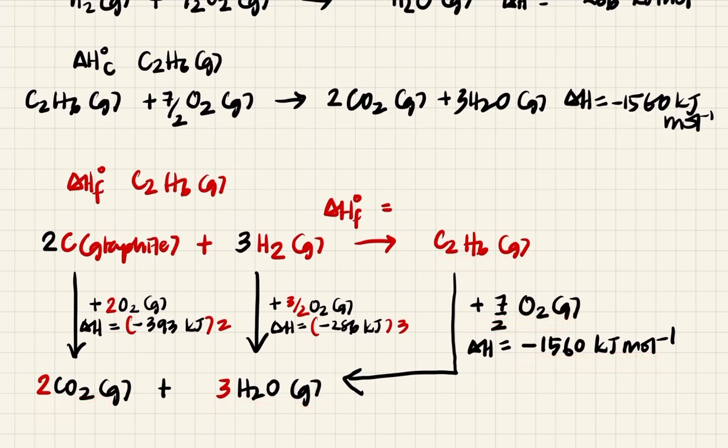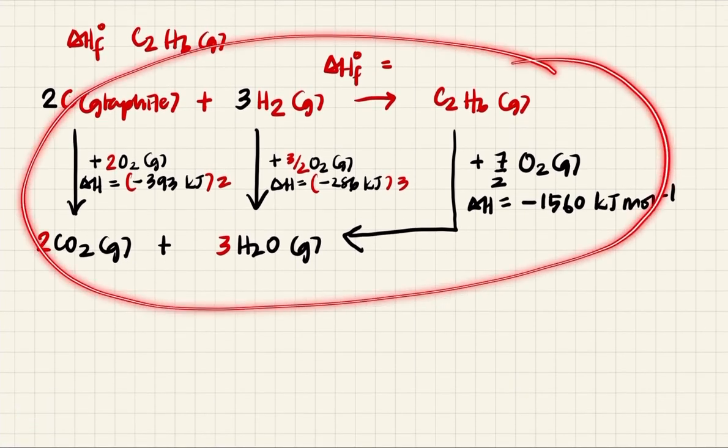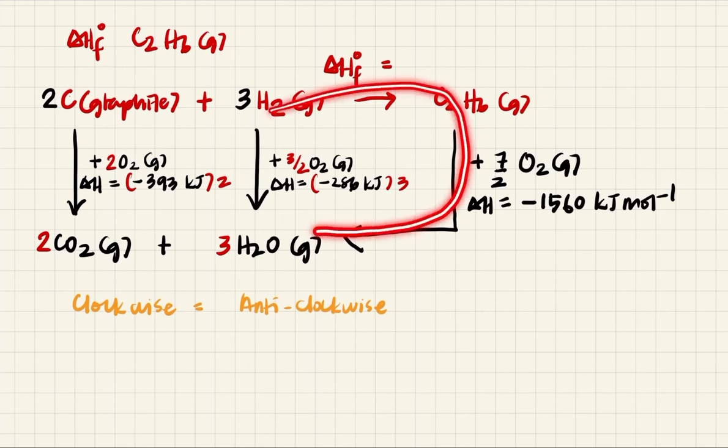Okay, so how do we find the delta H formation of our ethane gas? Now that we have formed this energy cycle correctly, I will tell you that clockwise equals anti-clockwise. So this arrow clockwise will equal anti-clockwise.